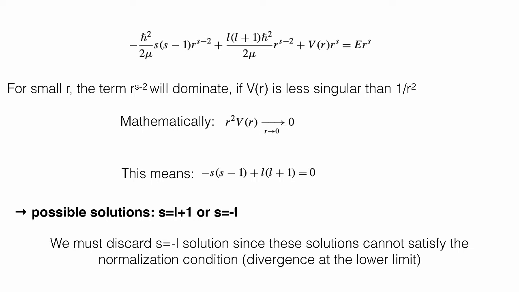We could not normalize it if the wave function behaved as 1 over r to the power L. On the other hand, we can normalize the wave function if s equals L plus 1.